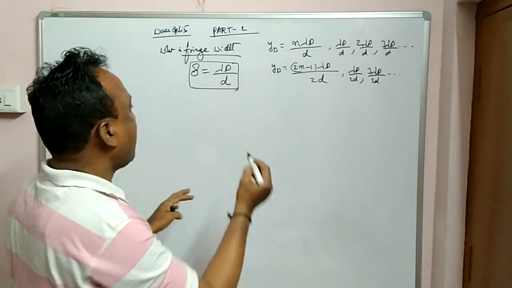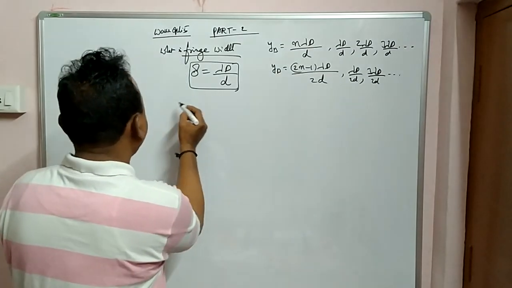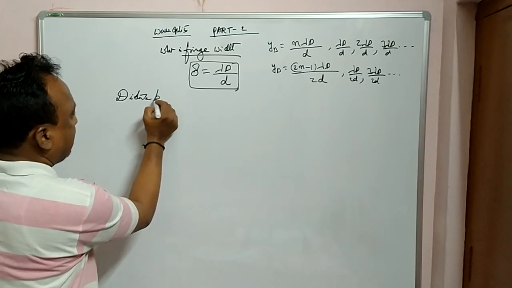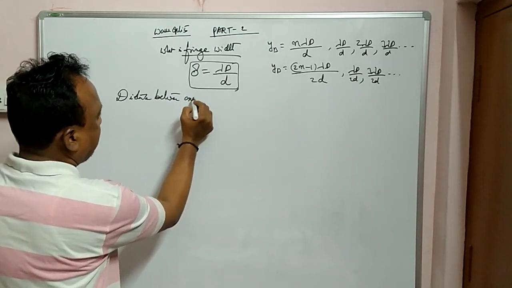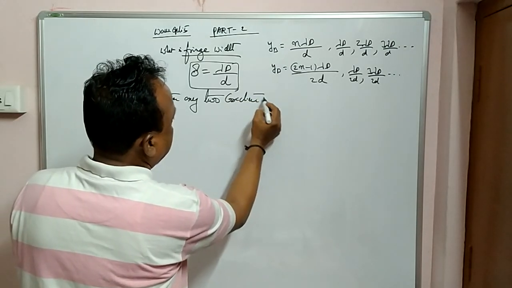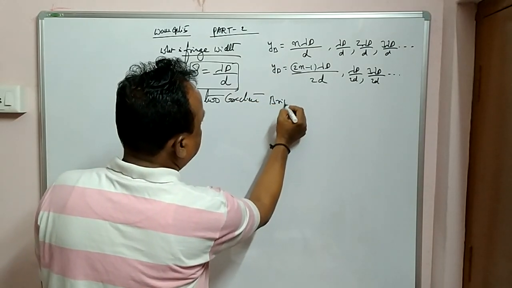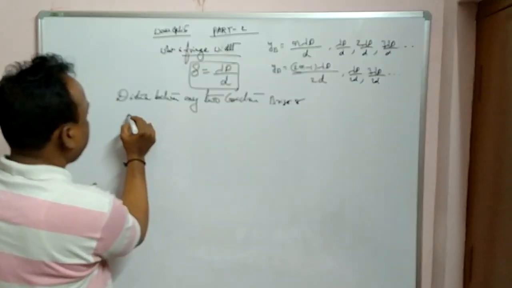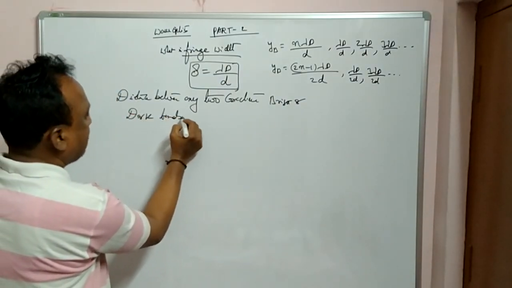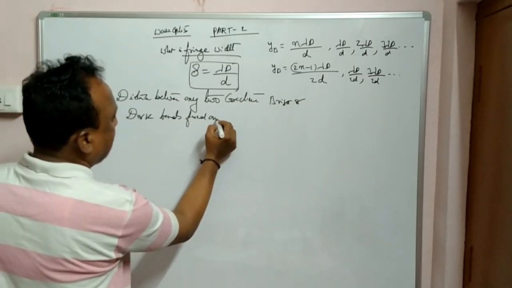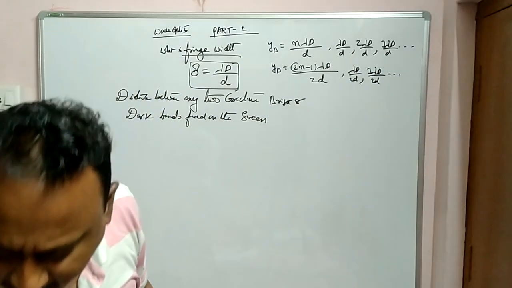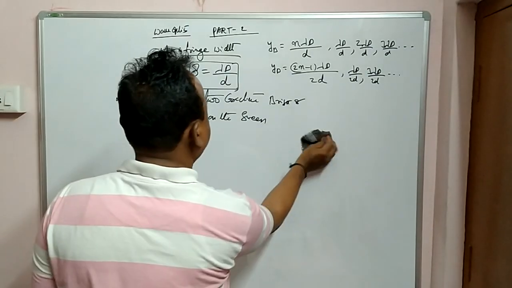So this is the formula obtained for the distance between any two consecutive bright or dark bands formed on the screen.